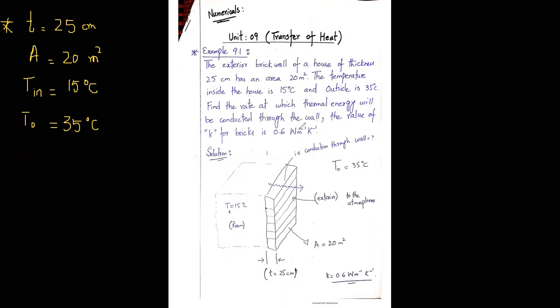We have to find the rate Q. The value of K is 0.6 watt per meter per Kelvin. We have to find the rate of heat flow, that is Q. By diagram, this is a wall.